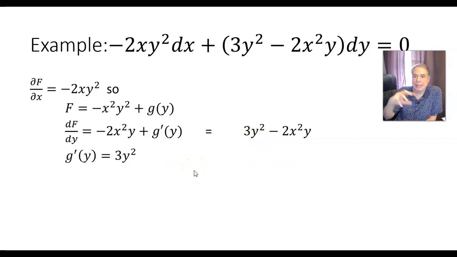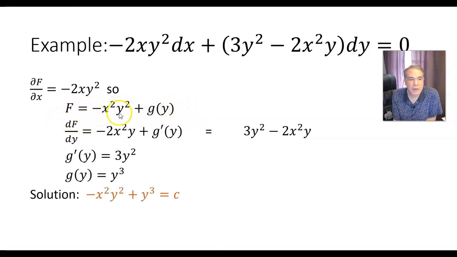So we can just anti-differentiate that. If that's what g prime is, then g would be the antiderivative, y cubed, plus possibly a numerical constant, but that's going to show up when we write our solution. So stick y cubed back in here for g of y, and now we know what f has to be.